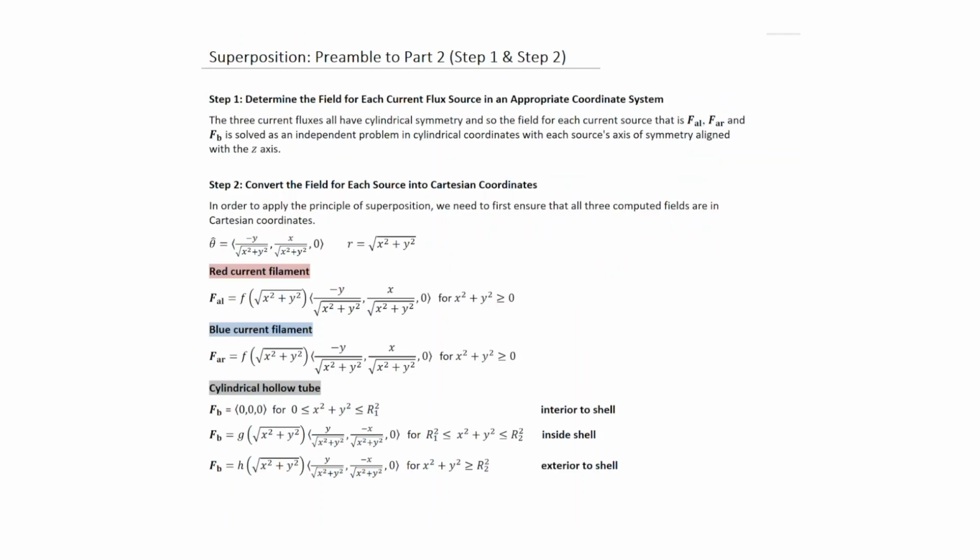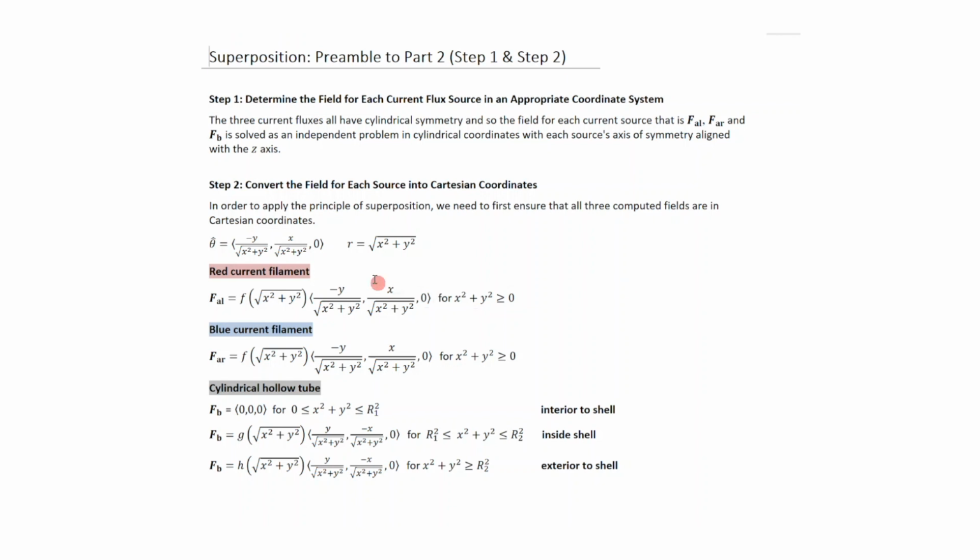All right, so let's look at the procedure required to solve this problem. We're still working on part 2. So we wanted to determine the field for each current flux source in an appropriate coordinate system. Well, we've established that all three are cylindrical, so cylindrical symmetry applies in all three cases.